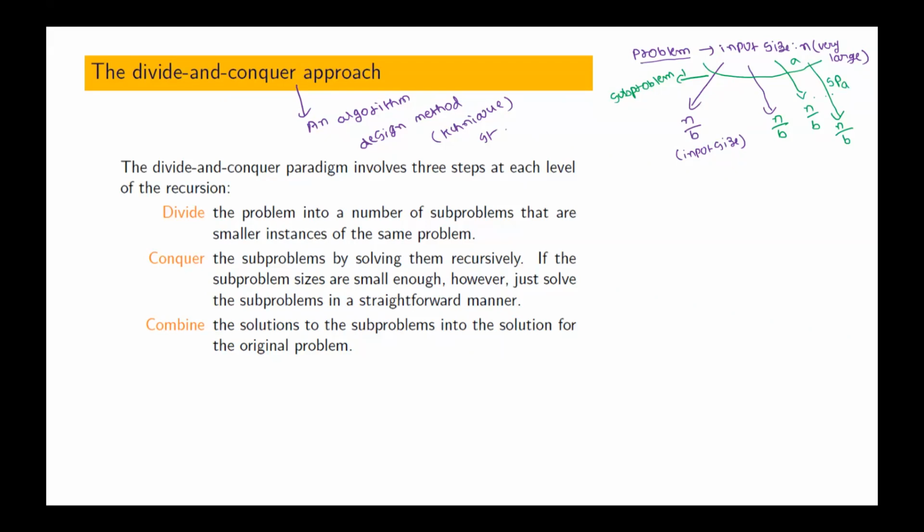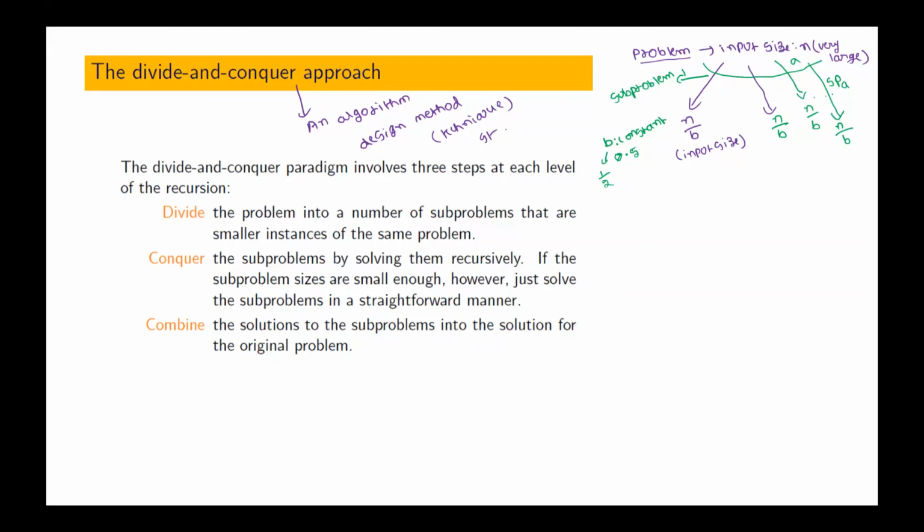What is b here? b is a constant. Can b be 0.5, that is 1 by 2? No. If b is 1 by 2, the subproblem size becomes more than the original problem size. So that is not allowed.